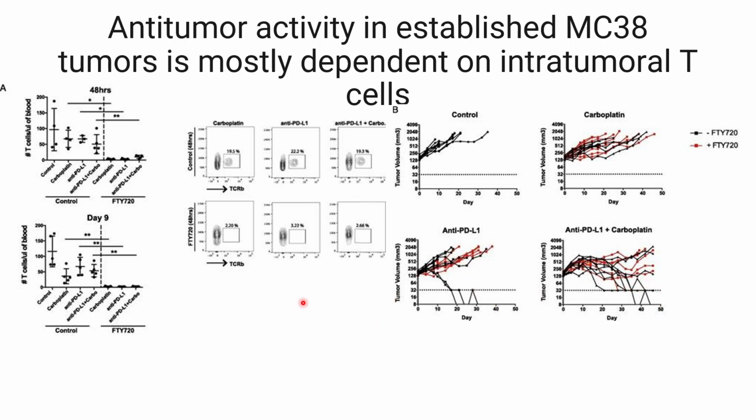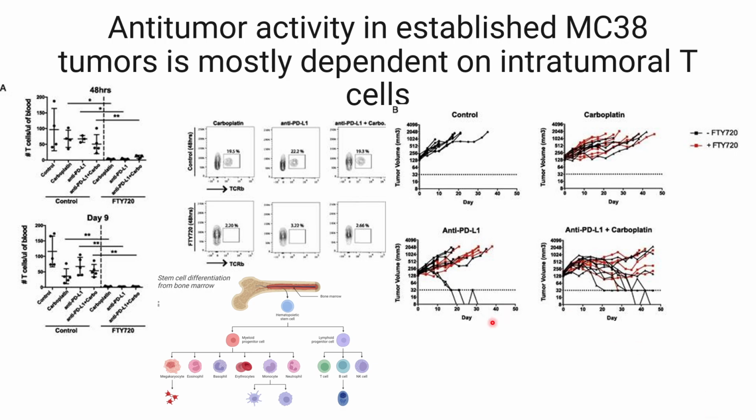So this further substantiates their hypothesis that it's the T cells that are present within the tumors that are causing the immune response that leads to the decrease in the tumor volume. So that is shown here. So this FTY720 prevents these myeloid cells to come at the site of tumors.